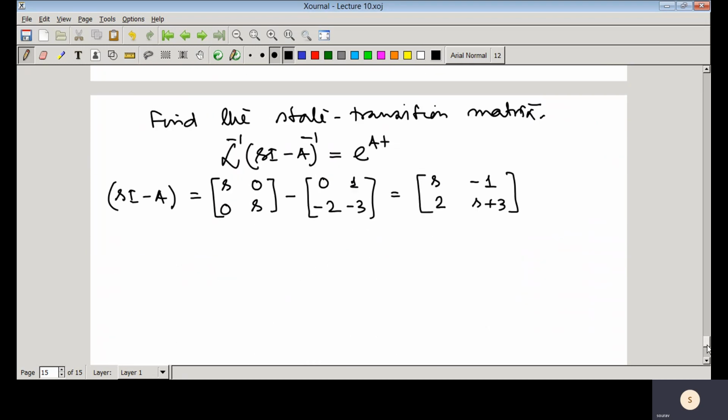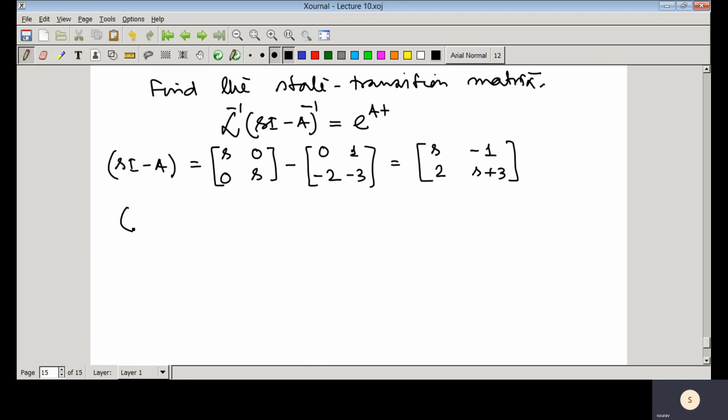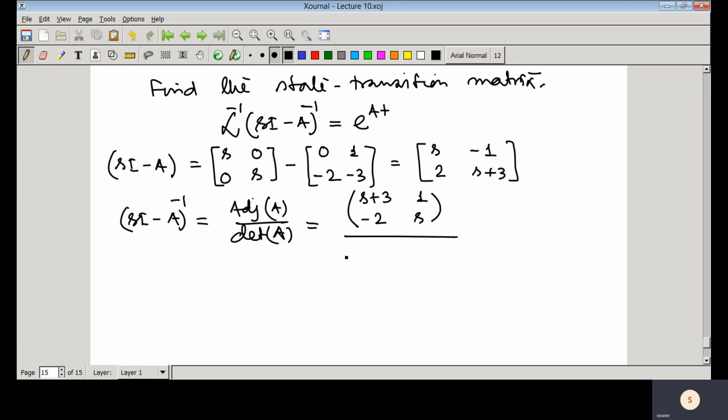Now we are interested in finding (sI minus A) inverse, which is the adjoint of A over the determinant of A. I hope you all know this, but I am showing it again. The adjoint is s plus 3, 1, minus 2, s.